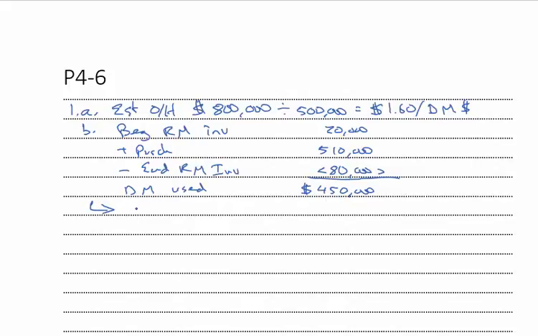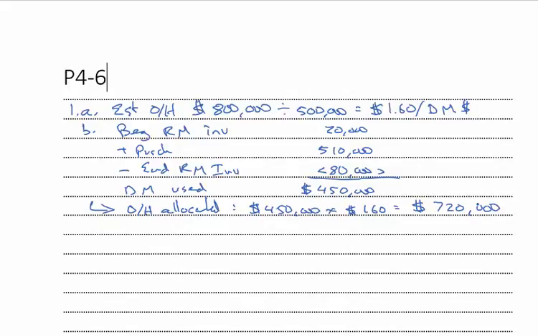So overhead allocated was $450,000 times 1.6, or $720,000.